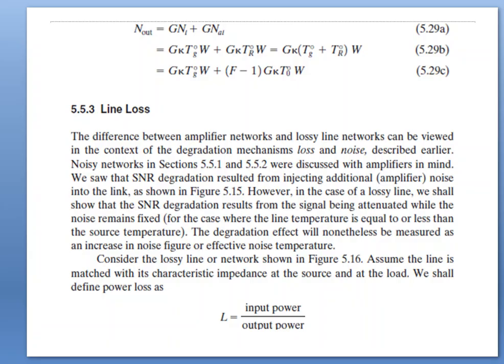Then, for the output of the amplifier as a function of its effective temperature, we can calculate again the value of N0, that is equal to G Ni plus G Na.